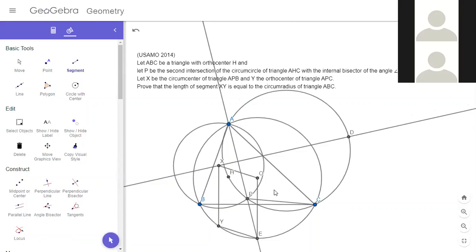So XO is perpendicular to AB, and YE, I'm betting there's also a way we could show it's perpendicular to AB.